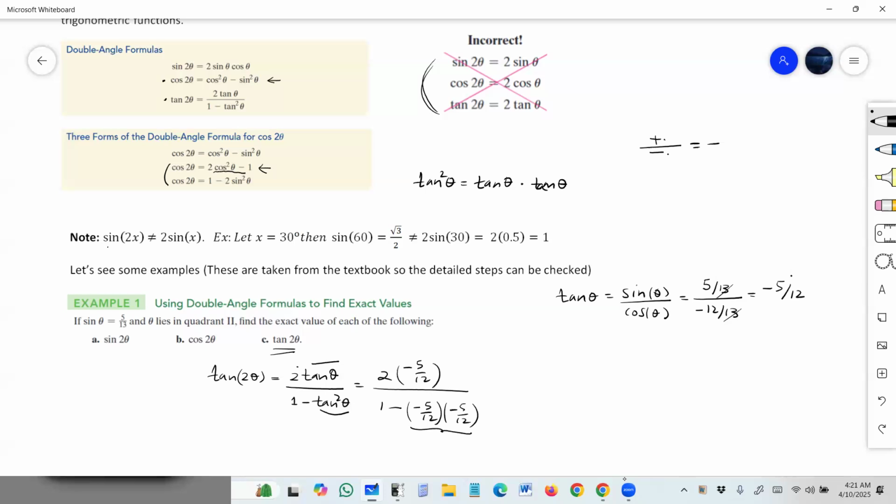Now, the numerator is negative 10 over 12. This part is 25 over 144. All right. So I'm going to write here 1 minus 25 over 144.